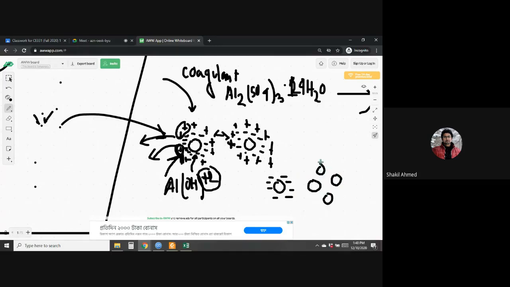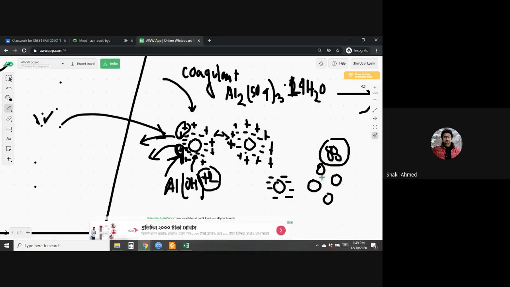If you stir the water a bit, then once they are closer, they easily attract each other by the force of van der Waals attraction, and that's how they are aggregated together. Neutralizing the negative charge on the surface is called charge neutralization, and this is the coagulation.